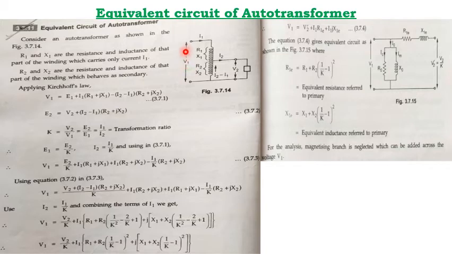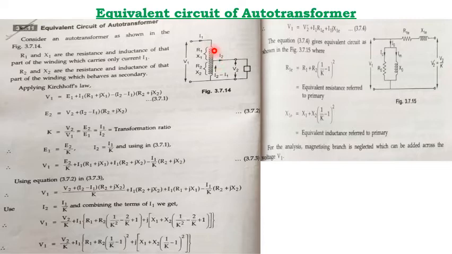Due to this applied voltage a current I1 flows. Now the secondary winding is also taken from this main winding itself. So the current flowing through the secondary winding is I2. Due to this current flow there will be a voltage drop across the load, and that voltage is represented as V2.